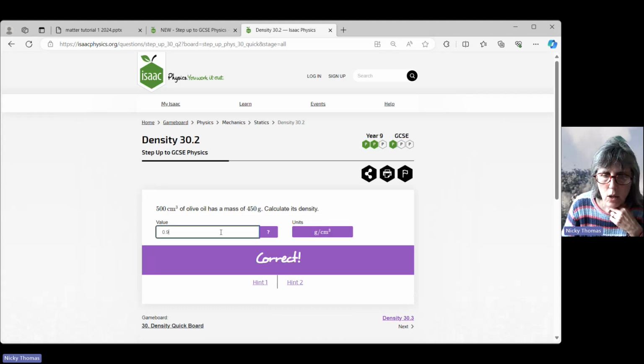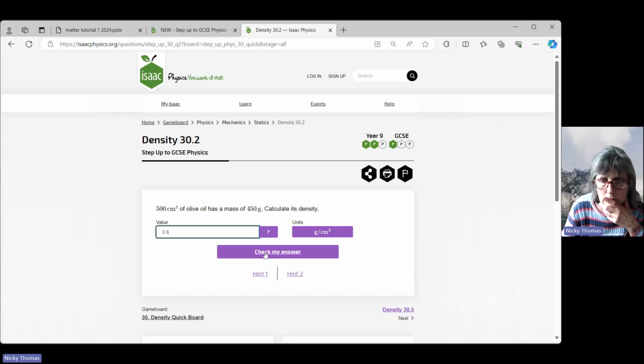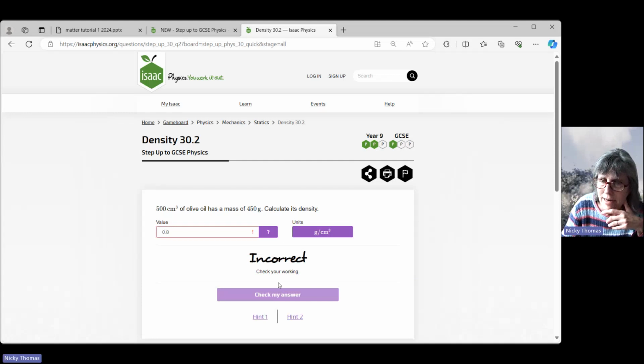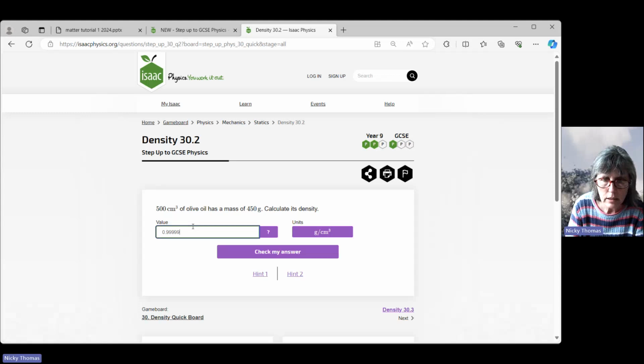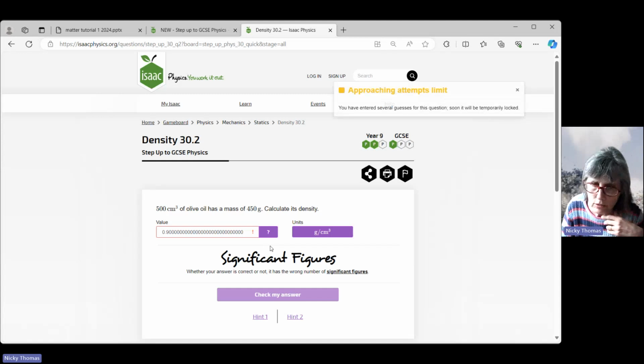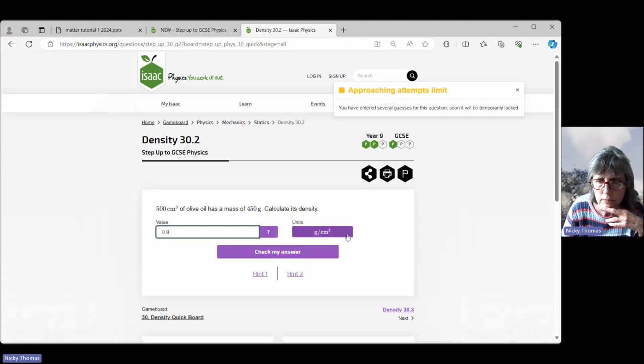Hooray, it's correct. What if I had put 0.8? Check my answer. It's incorrect, and it tells you to check your working. Perhaps if I put 0.9 and then lots and lots of zeros, check my answer, it says whether it's correct or not, it's got too many significant figures, which is quite nice to remind our students what they're supposed to be doing.